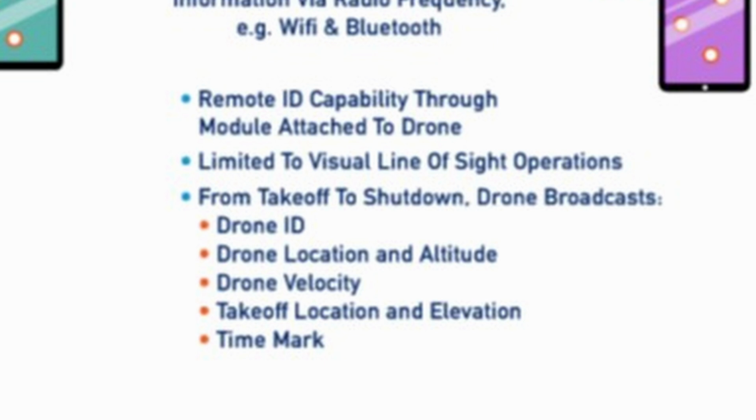From takeoff to shutdown, it will broadcast the ID, location, altitude, drone velocity, takeoff location and elevation, and time mark. Understand that the built-in one gives information on the location of the base station. If it is an attached module, all it says is, it took off from here.